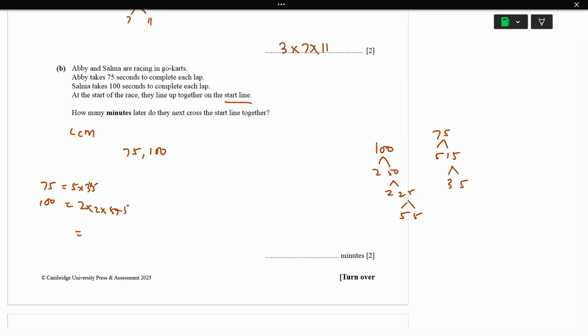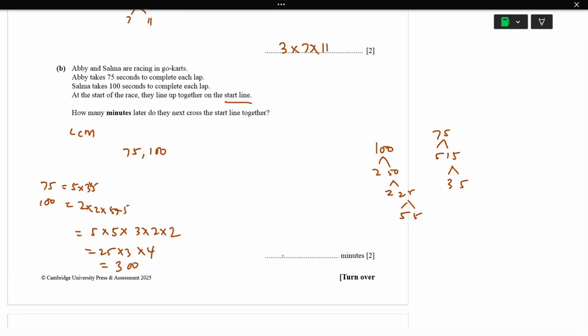For the least common multiple, the 5 and the other 5 are common, times 3 times 2 times 2, which is 25 times 3 times 4. 25 times 3 is 75, and 75 times 4 is 300.